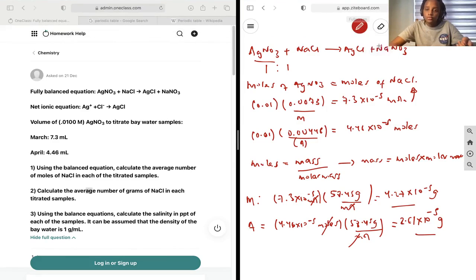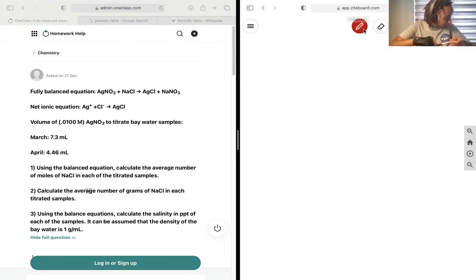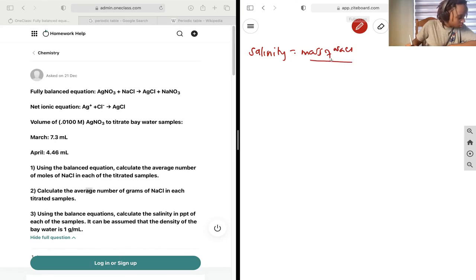And lastly, let's move to part C, which is the salinity. And so the salinity is going to be the mass of NaCl over the milliliters titrated.